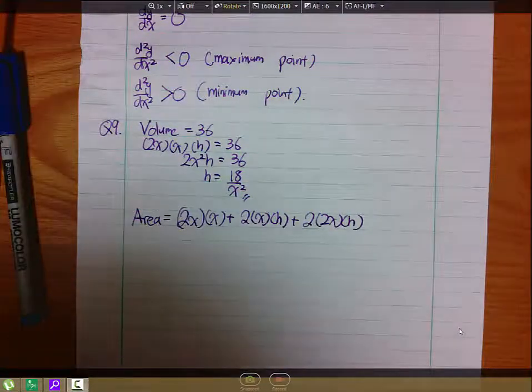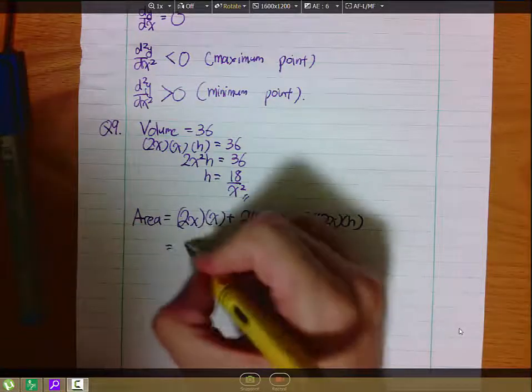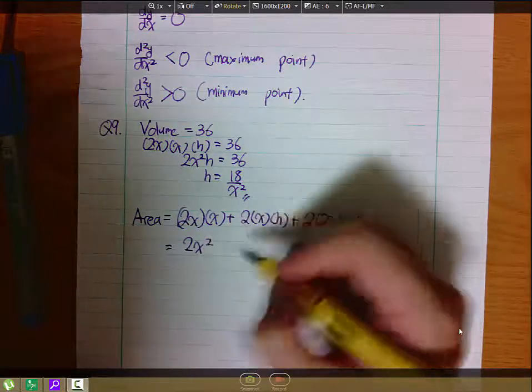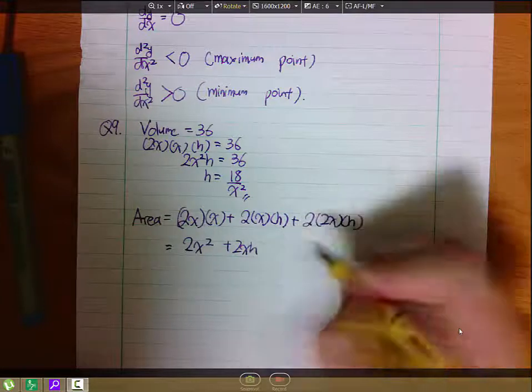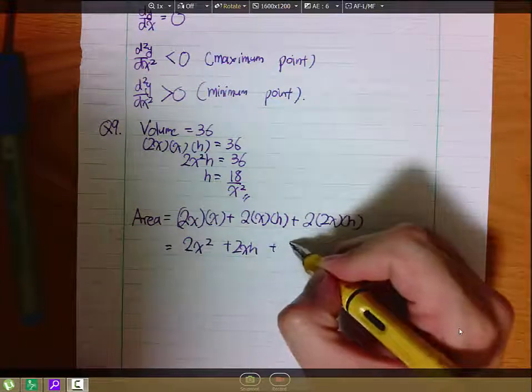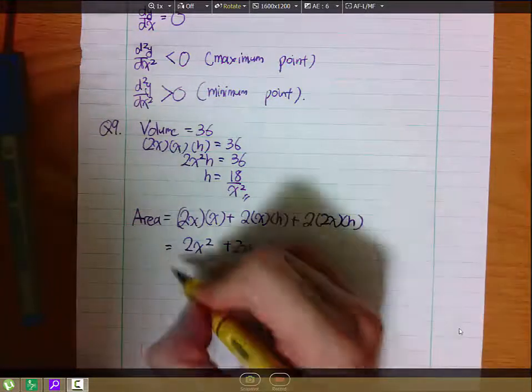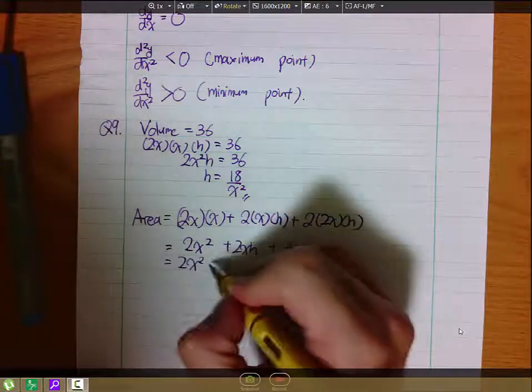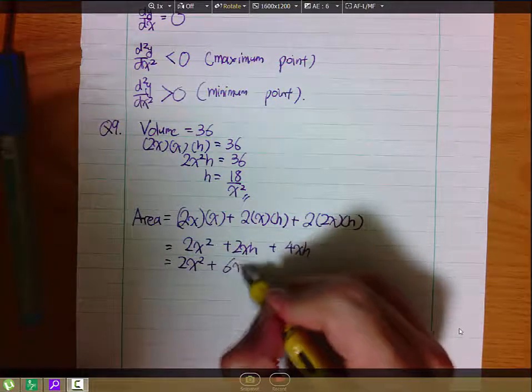Then we simplify everything, we get 2x squared plus 2xh plus 4xh. Simplifying this, we get 2x squared plus 6xh.